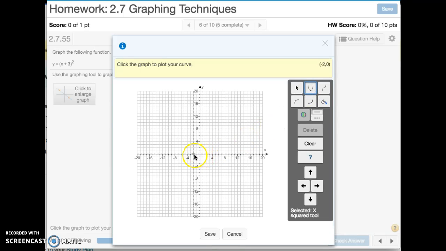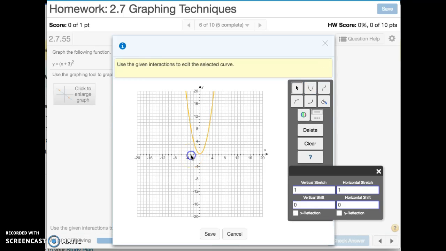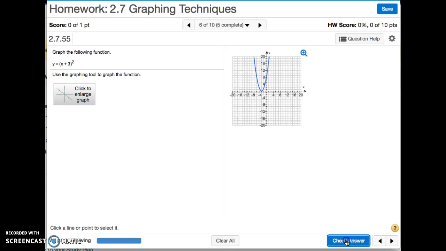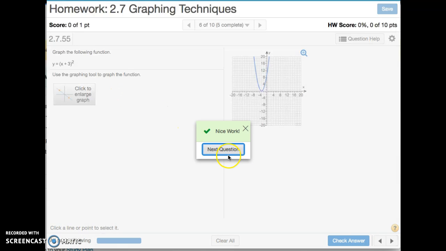Now we can place the vertex at -3, 0, but you see it automatically goes to the origin. So by using, again, the horizontal shift feature here, we're going to type in a -3 and see that the graph is transformed by moving to the left 3 units. Let's save and check our answer. Nice work. Let's go on to the next question.